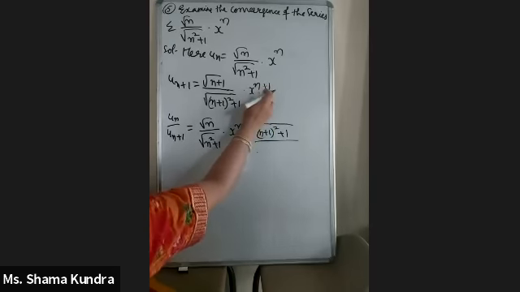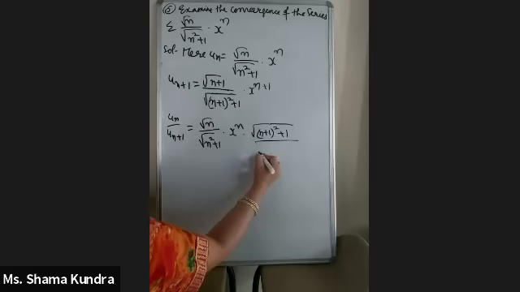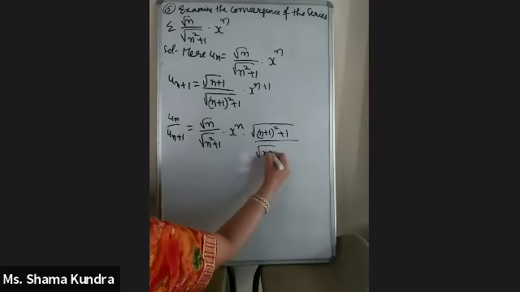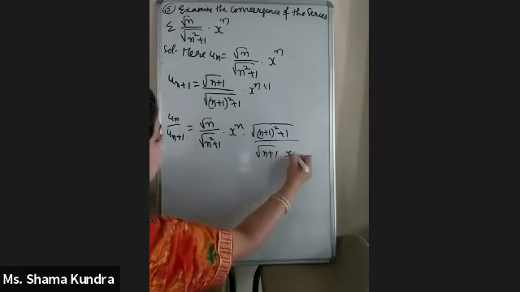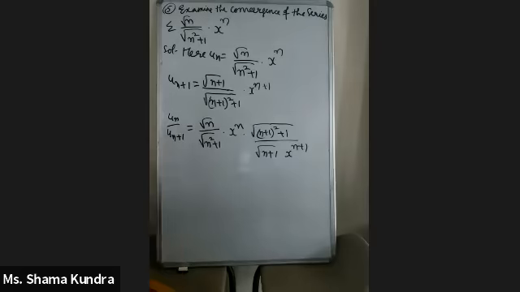Here n plus 1, make correction. Take higher powers of n common. Under root n square common means n common. And splitting the parts, what we will get? Under root n square means n.